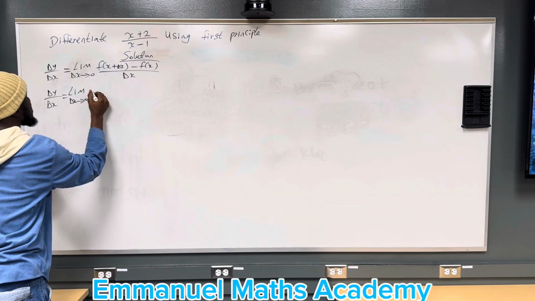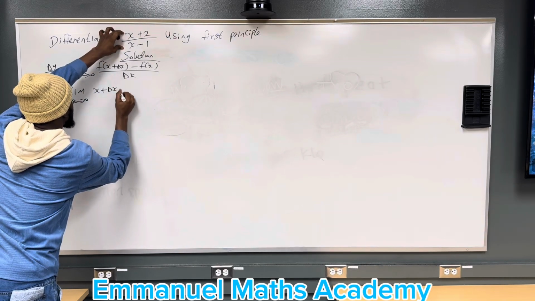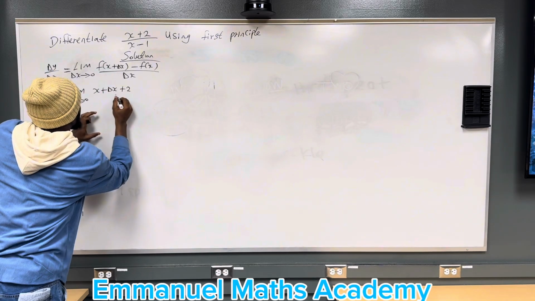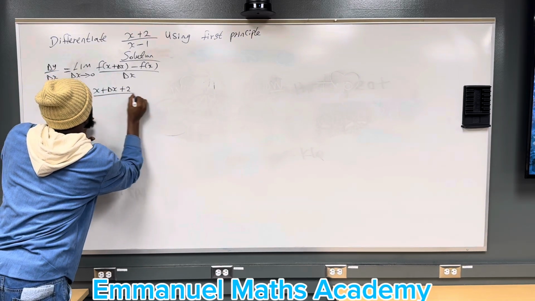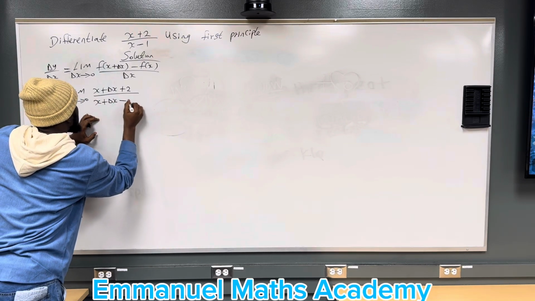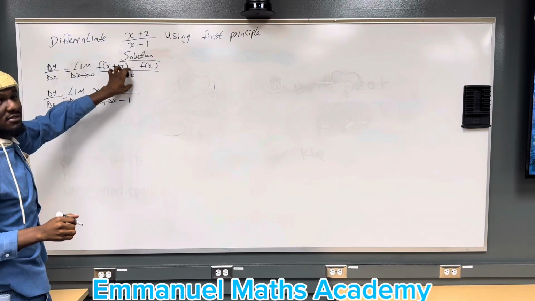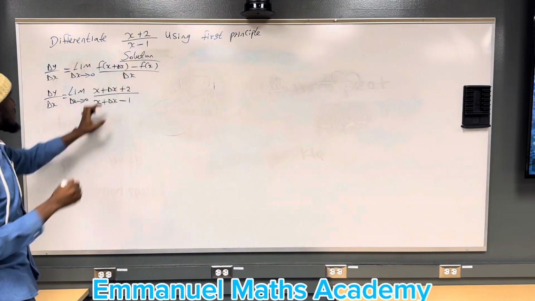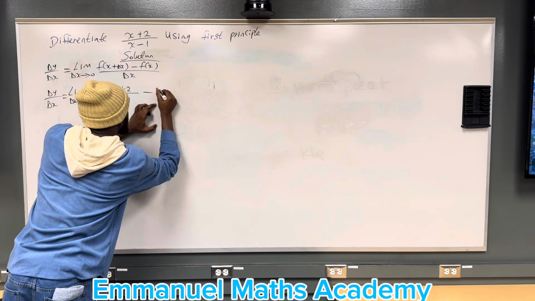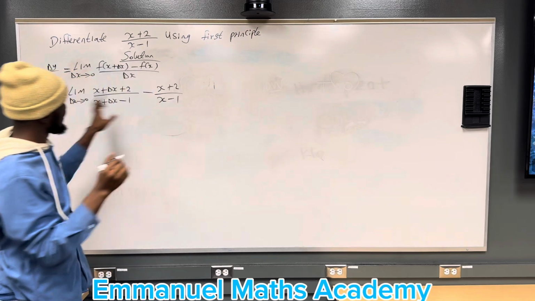Here we now have (x + delta x + 2) over (x + delta x − 1). So we are writing this in terms of what we have here, minus f(x), which is (x + 2)/(x − 1). Is that clear?